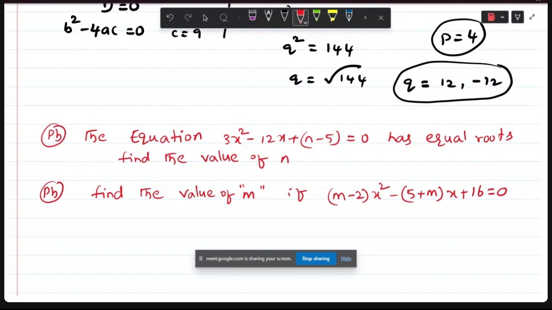Is 19 correct? Yes, 19 is correct. I told that first.